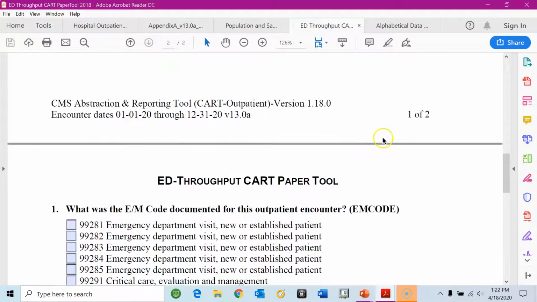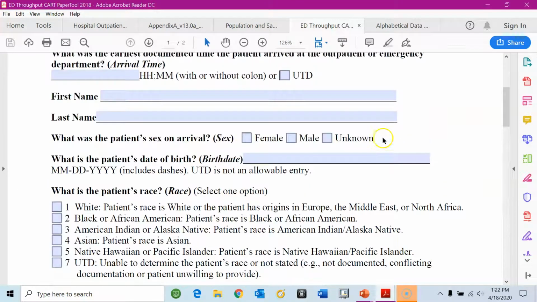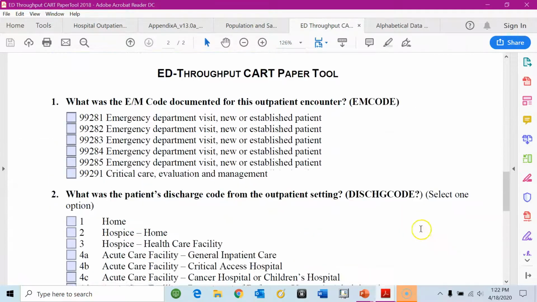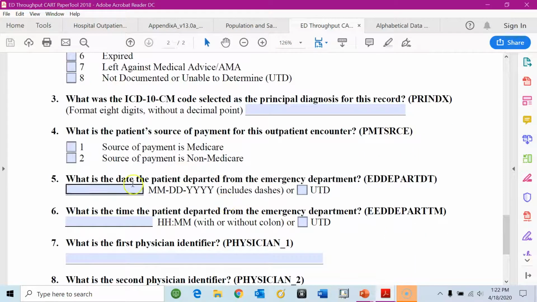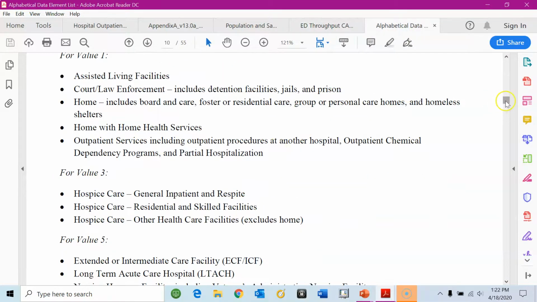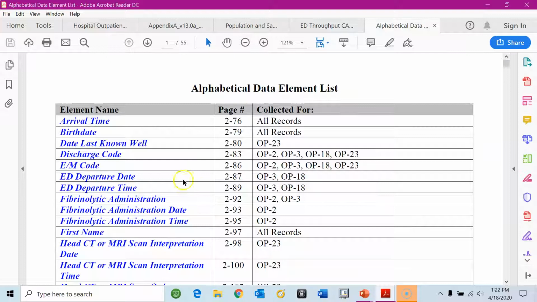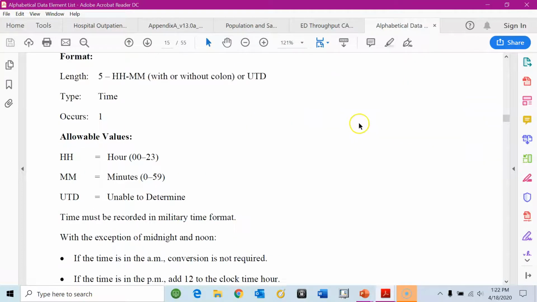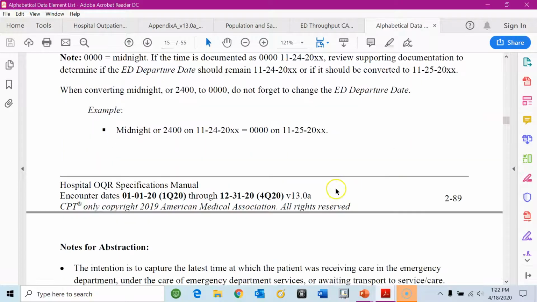Okay. Back at the beginning, you're looking for arrival date and time, and then we're down to the end. We're looking for departure date and time. So let's look for departure back in the dictionary. ED departure time: what was the time the patient departed from the ED? But you've got notes for abstraction again.